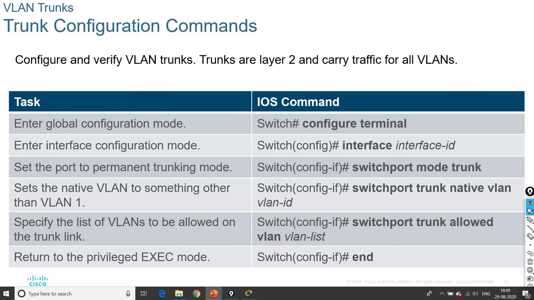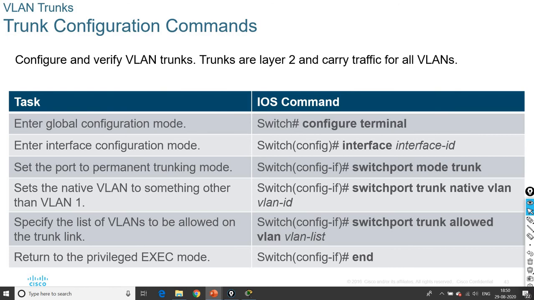A VLAN trunk is a layer 2 link between two switches that carries traffic for all the VLANs. To enable trunk links, configure the interconnecting ports with a set of configuration commands.